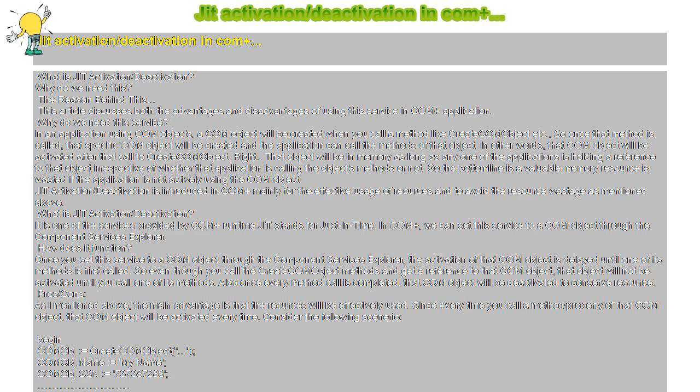Let us assume that the COMObject is using the JIT activation/deactivation service provided in the Component Services Explorer. So every time a property value is assigned, a new COM object will be activated and deactivated once that value is assigned.